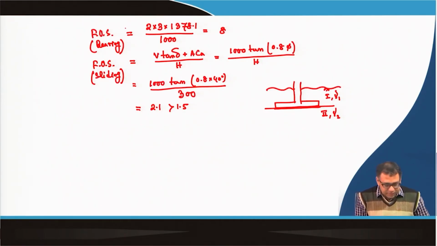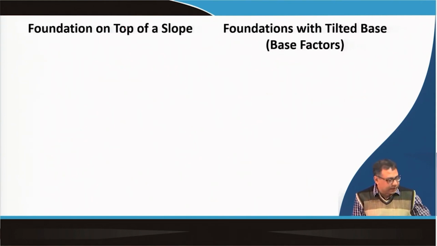Now, the next effect that I will discuss is if the foundation is with a tilted base. That means till now we have discussed the foundation where the base is perfectly horizontal, but there is a possibility that the foundation base can be tilted also.